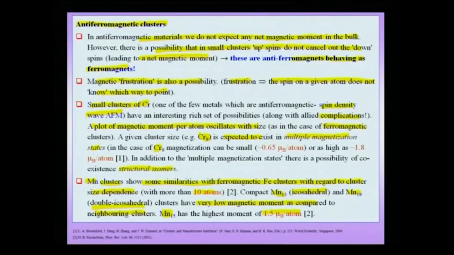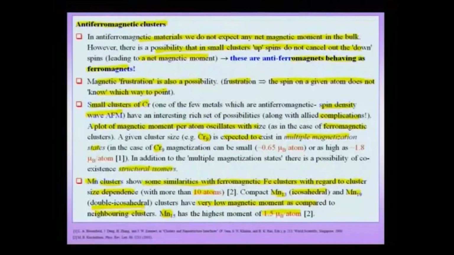That means the Cr9 cluster not only exists in a single structural form, it exists in many other structural isomers, and each one of them will have a different magnetization. The net effect you see in an experiment is actually an average over all these structural isomers and all these multiple magnetization states.